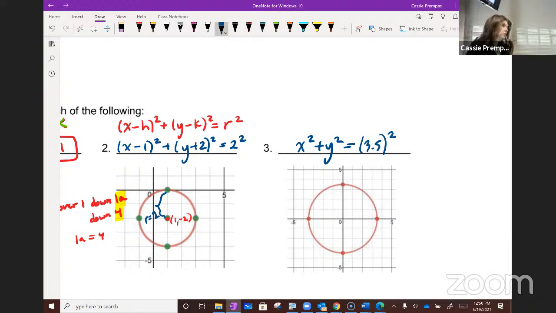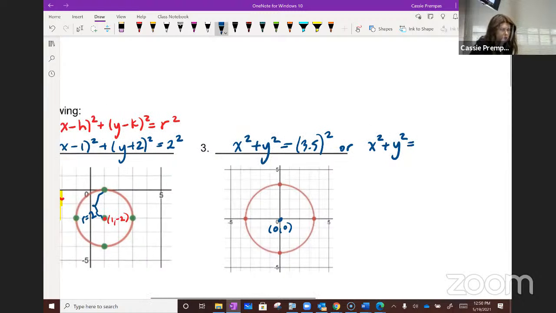That's totally great, because Zach recognized that the center was at 0, 0. So he said x minus 0 squared and y minus 0 squared just becomes x squared and y squared. And then the radius is 3.5 units, so I can just say it equals 3.5 squared, or if you multiply it on your calculator, x squared plus y squared equals 12.25.